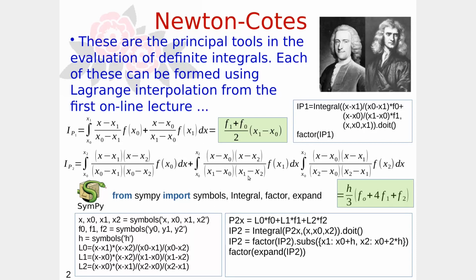Moving on to the next point, which this time would be x1. So x1 is our anchor point, x1 minus x0, x1 minus x2, and then simply relax the x1 to get x minus x0, x minus x2. On to the next point, evaluate the function at x2, divide by x2 minus x0, x2 minus x1, and relax the x2 to find x minus x0 and x minus x1.